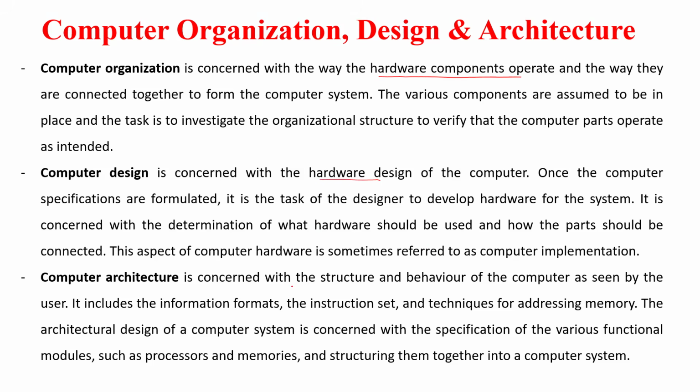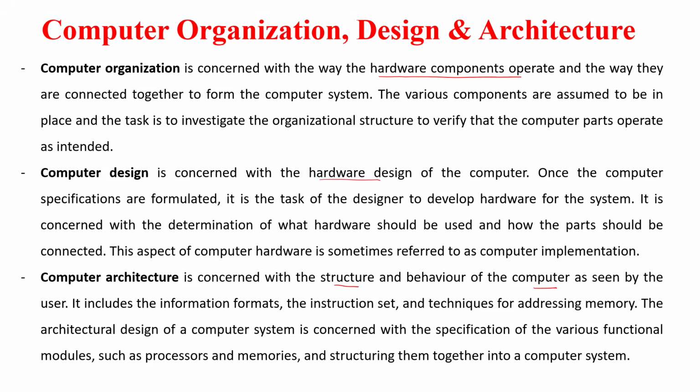Next we have computer architecture. It is concerned with the structure and behavior of the computer, how it is seen by the users. So it has different information formats, instruction sets, and addressing memory.